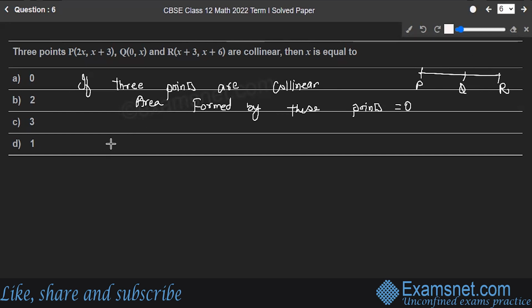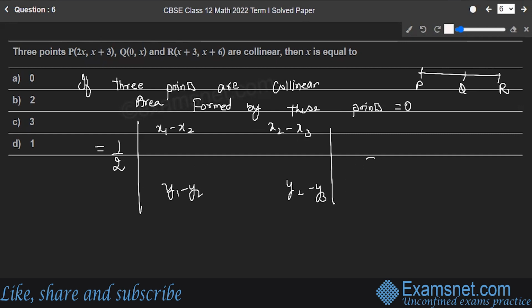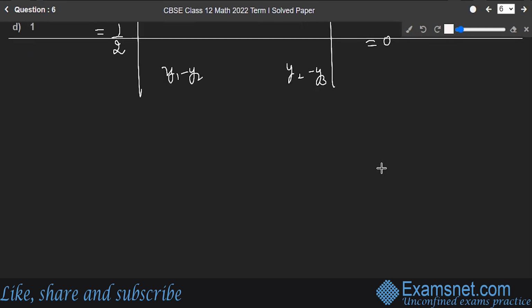Okay, so finding out the area, I'll use the matrix form that is given by half of x1 minus x2 and x2 minus x3, y1 minus y2 and y2 minus y3. This is equal to 0. So let's fill in the coordinates now. This is 1 by 2, 2x minus 0.